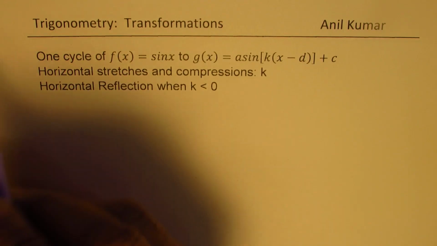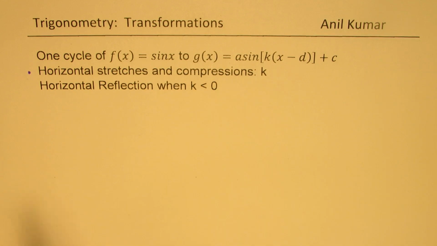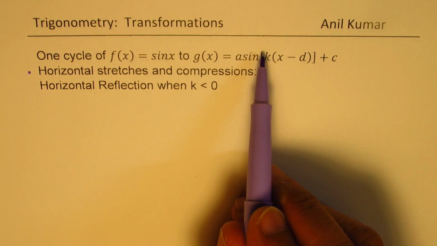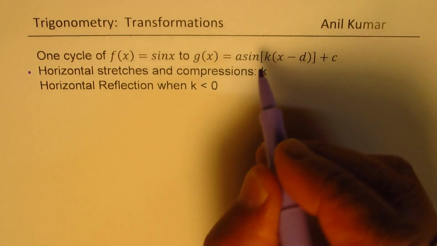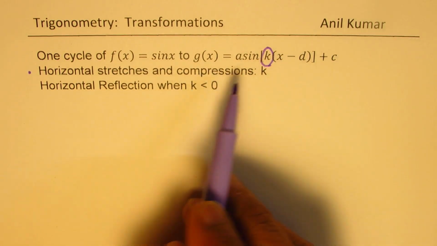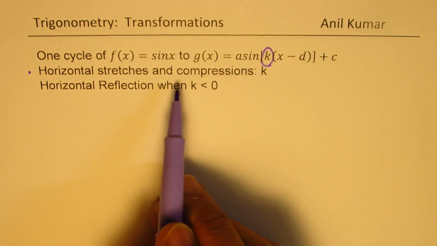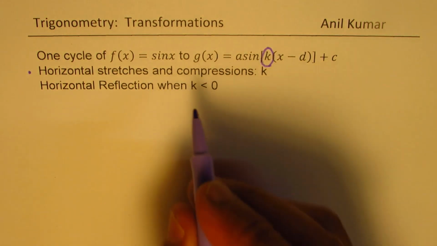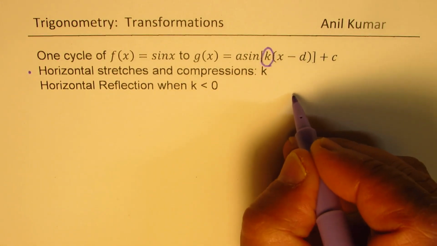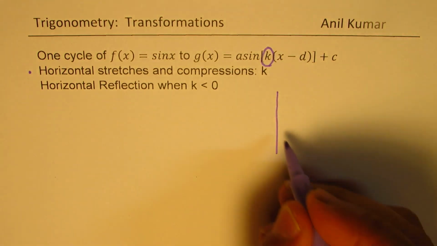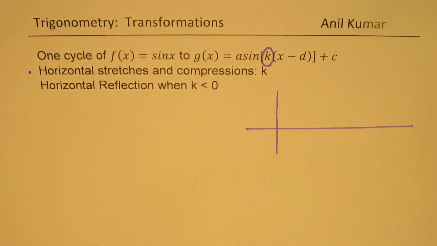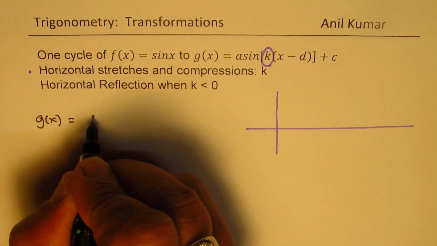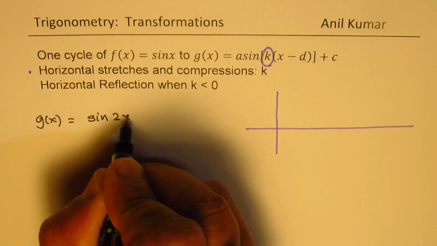Now let us consider horizontal stretches and compression. In the transformation, g of x equals to a sine k x minus d plus c, the parameter k compresses or stretches horizontally the graph of sine of x, right? So let's try to understand what really happens in this case. So let's take an example. Let's say we have function g of x equals to sine of 2x.